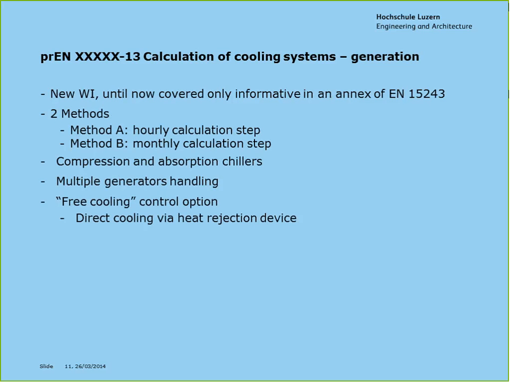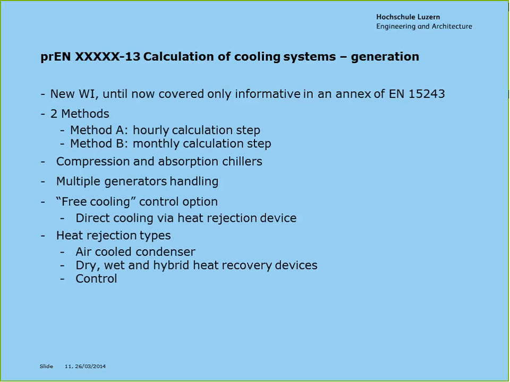We cover free cooling control options, which means here, in that context, direct cooling via the heat rejection device by bypassing the chiller. We cover different heat rejection types, dry, wet, hybrid, and heat recovery devices, which involves, again, of course, some control issues.